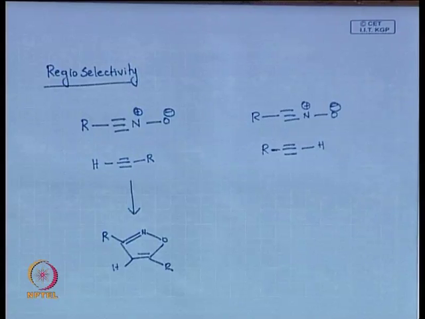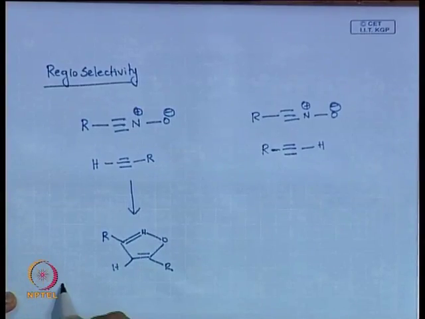Any important applications you can think about for this nitrile oxide, if given a choice? Intramolecular cycloaddition is one important application which I will teach in this class, but just one synthesis you can also see: biotin. You can do this biotin synthesis using this type of chemistry.